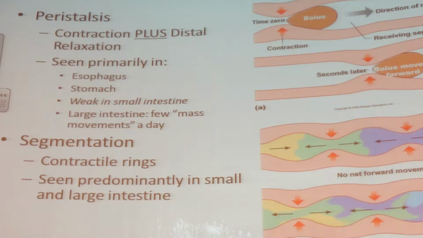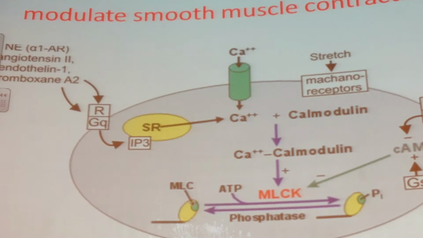It is actually segmentation, very interesting. In an unstimulated intestine, you can see it contracting very frequently. Segmentation is basically contracting rings, so adjacent areas contract one and then the other and then the one. It's predominantly seen in the small intestine and the large intestine.